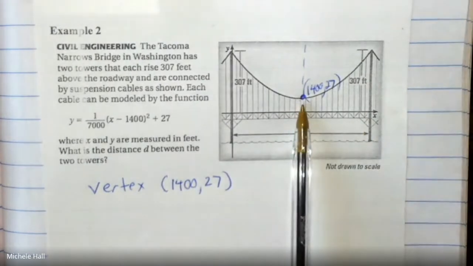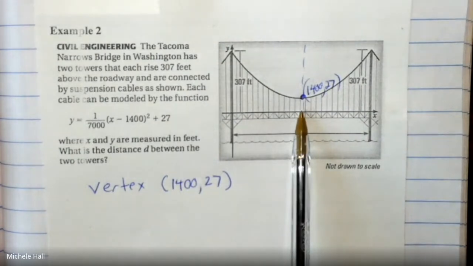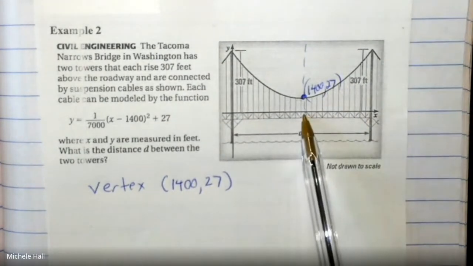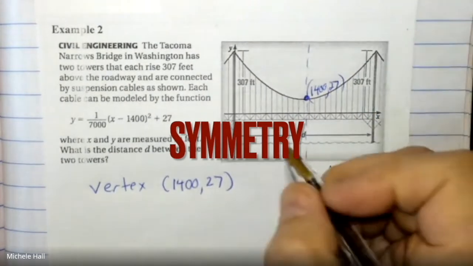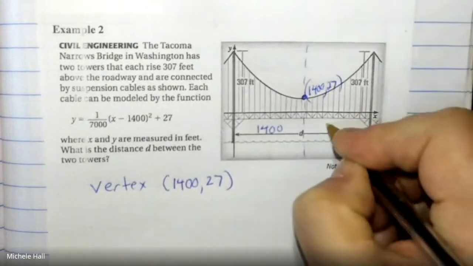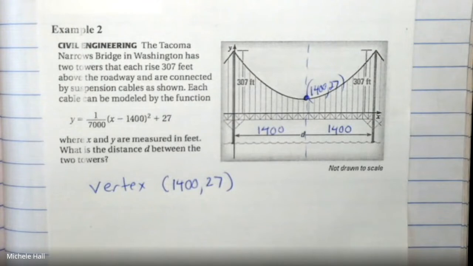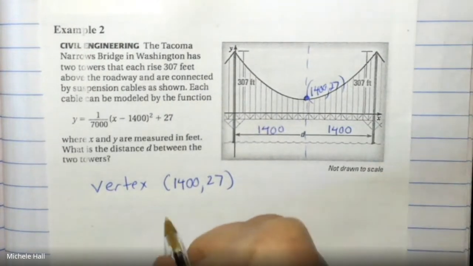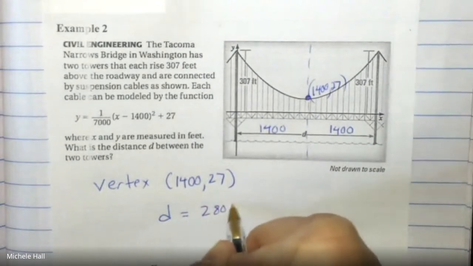This is the vertex. So that means that we're going over 1400 units on this side. That would also mean 1400 units on the other side as well. So we would say over here is 1400, this side is 1400, and so the distance between the 2 towers would be 2800 feet.